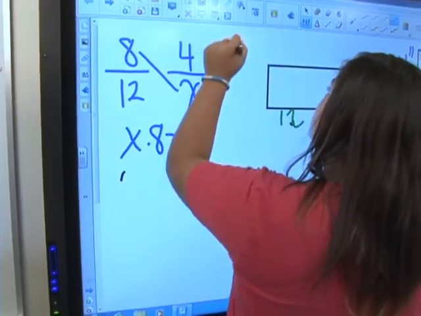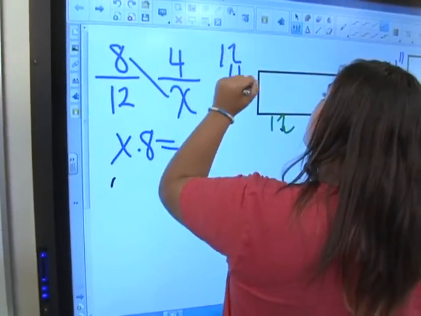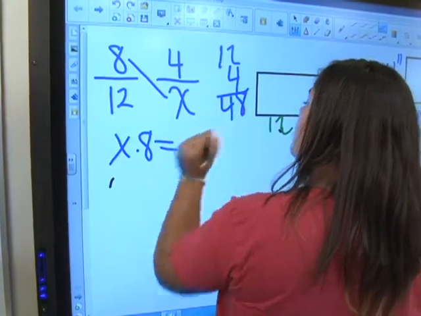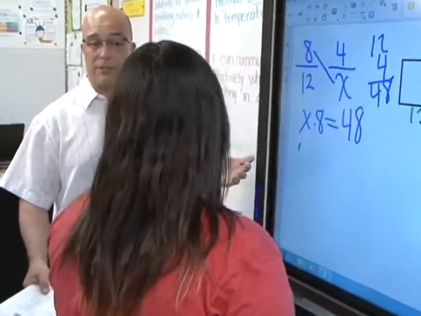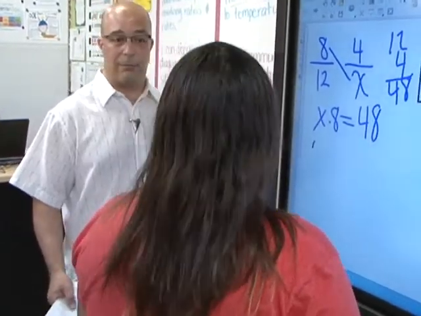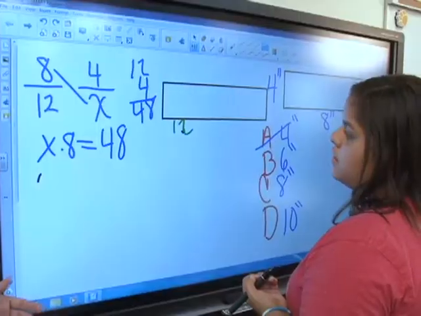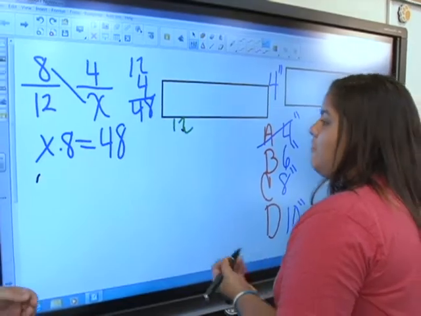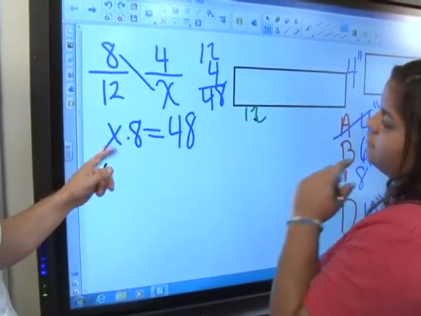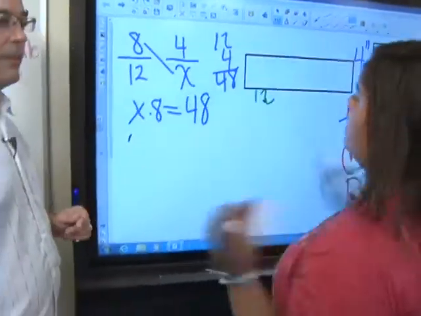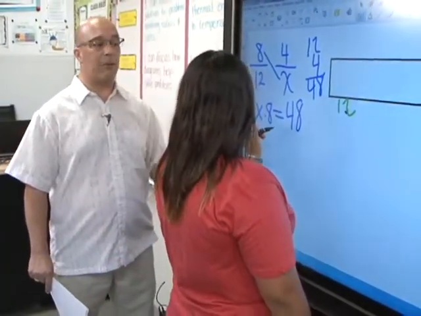4 times 12. Okay. So you've got 8 times x, which is 8x, is equal to 48. But we don't want 8x. We just want 1x, right? So if you have 8x, how do we get to 1x? Divide each side by 8.